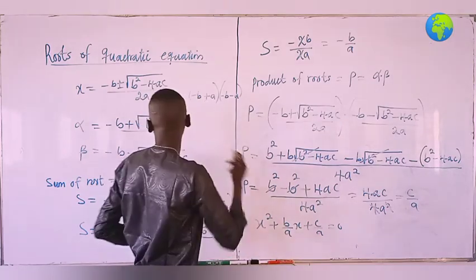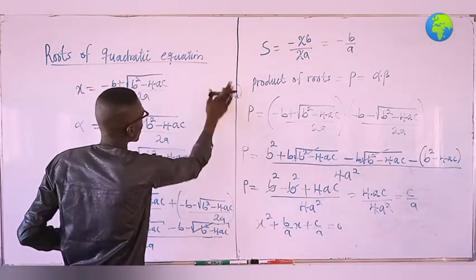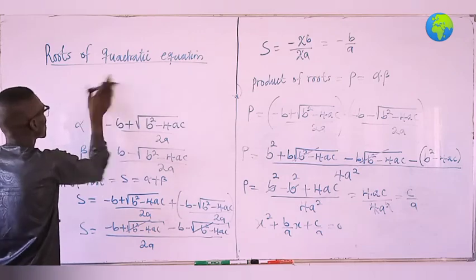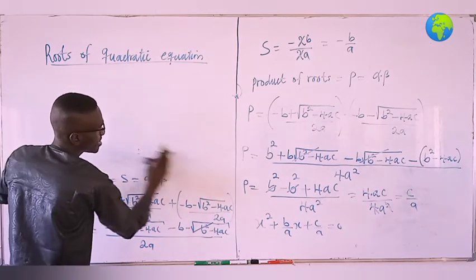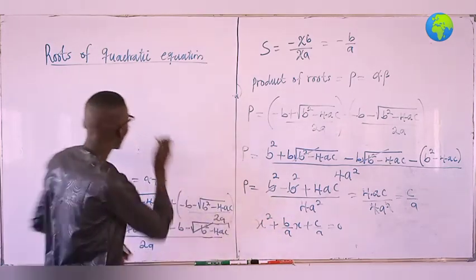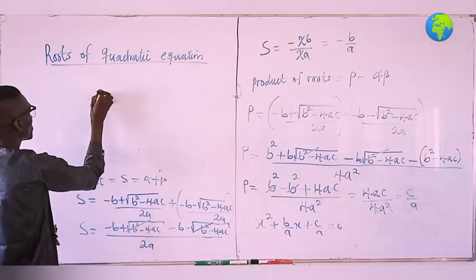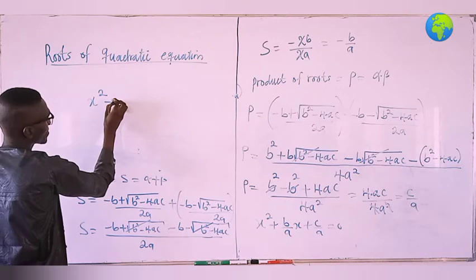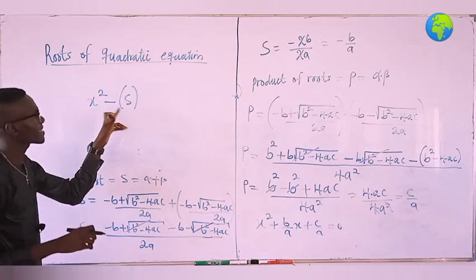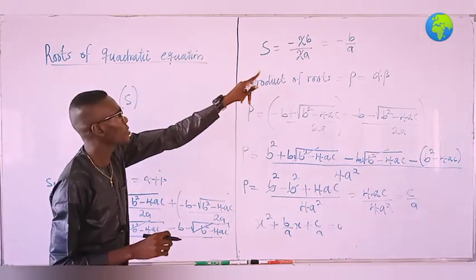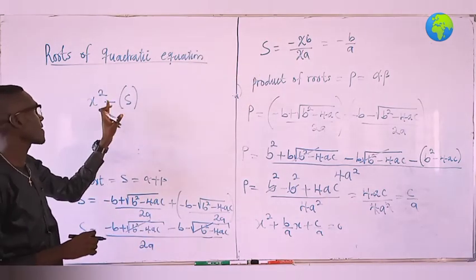The only way to write this successfully is to write x squared. When I insert minus here and I put s, because s is minus b over a, the minus in that s will affect the minus here.